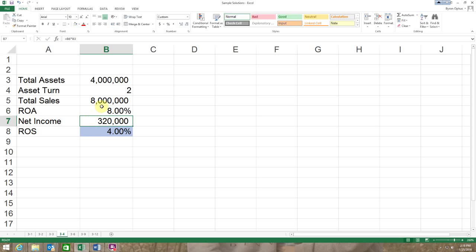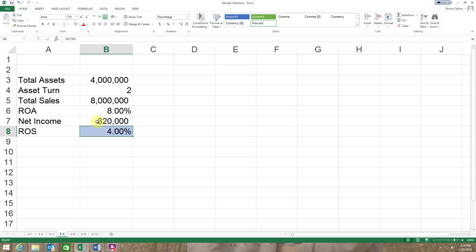Because my return on assets is 8%, my total assets are 4 million. So all I have to do is say that this is equal to, and we did this a couple problems ago, my return on assets times my total assets. 320,000. Okay, ROA is net income divided by assets, and vice versa, or I can do it backwards and say that my return on assets times my total assets gives me my net income.